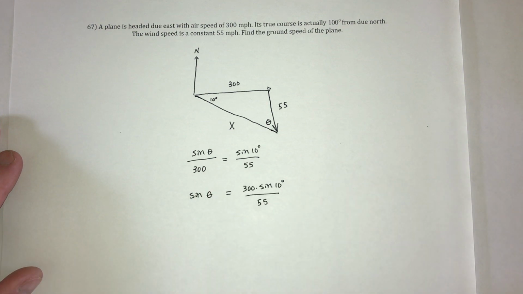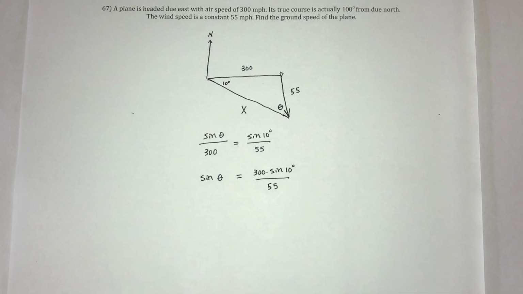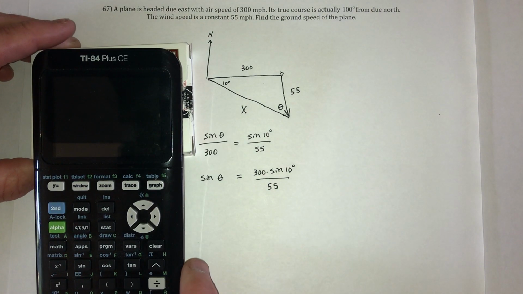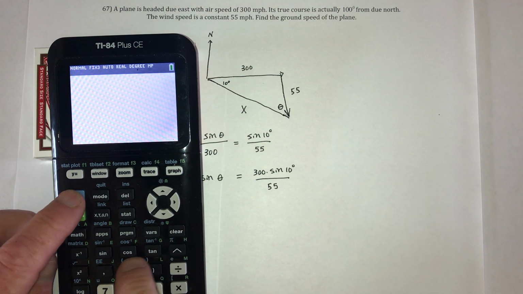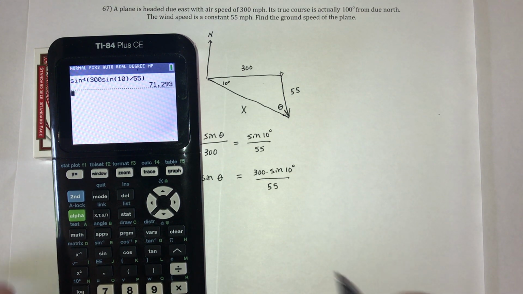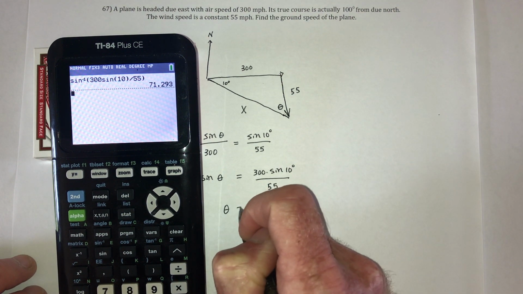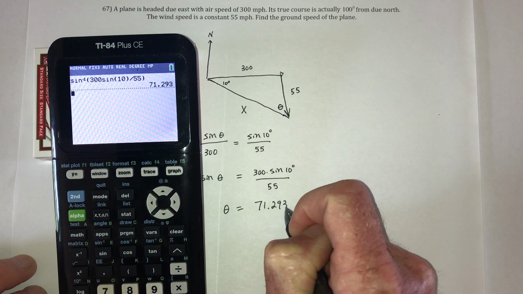And then to solve for theta, we just need to do sine inverse. So sine inverse of 300 sine of 10 divided by 55. So that means that theta is equal to 71.293 degrees.